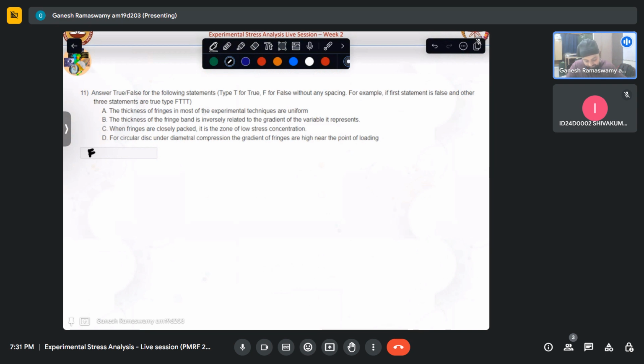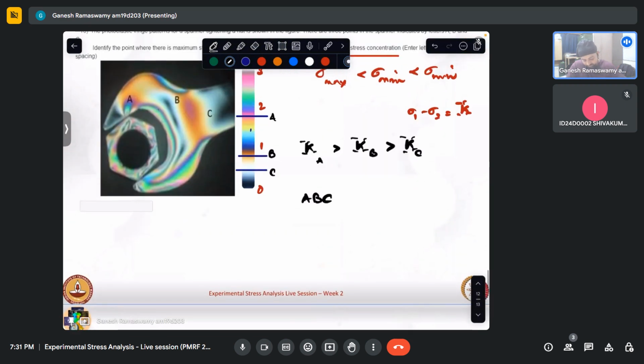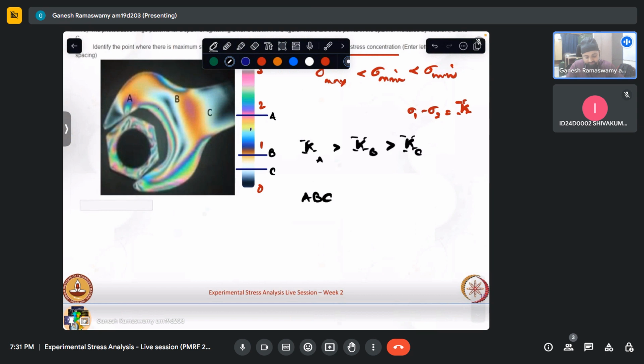The thickness of the fringe band is inversely related to the gradient of the variable it represents. So as we saw, what would we anticipate in such a case? This is much thinner. Now as we go towards this, we are able to see that the load would actually increase.